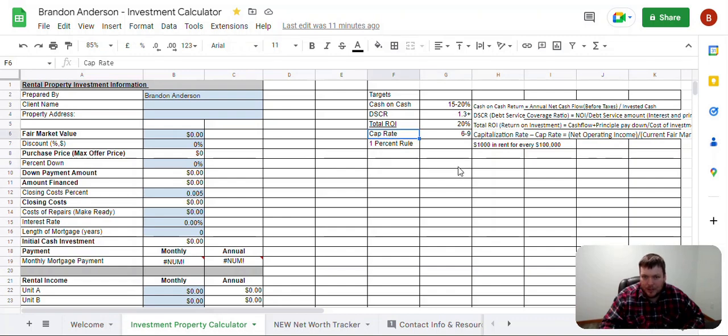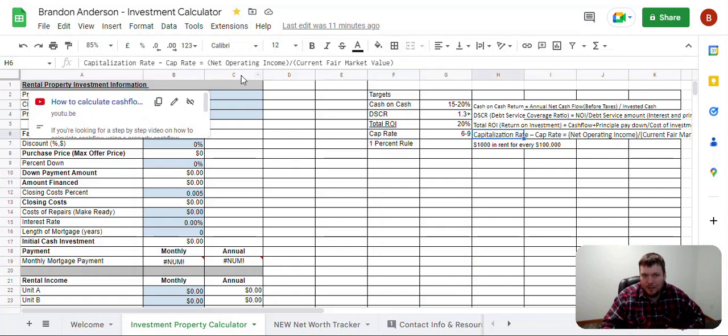So the next metric that most people use, especially anyone in big multifamily or office spaces, is cap rate, capitalization rate. I mean, you can use it on a duplex. Why this is important is it's a figure that doesn't take into account interest rates, mortgage terms, or anything from the bank.